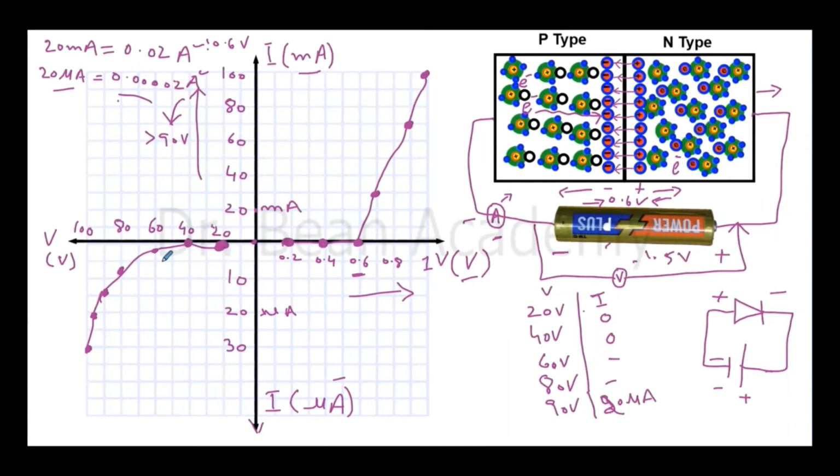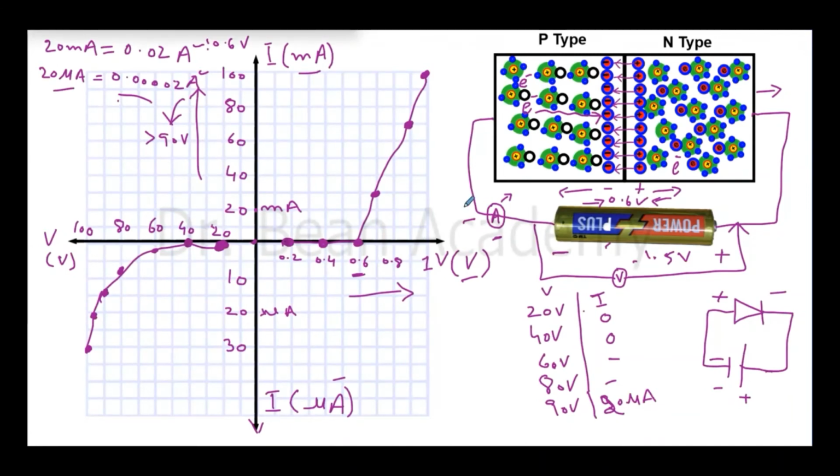Roughly speaking, I can say that it can allow current to flow only in one direction, and when you change the terminals of the battery, there is actually no current, because these current values are way too small, although they are also important in some specific applications, and we may discuss them in the next sections. But you can see the difference: in forward bias mode you get a surge in the current, and here you have to apply very high voltage to get very little current.